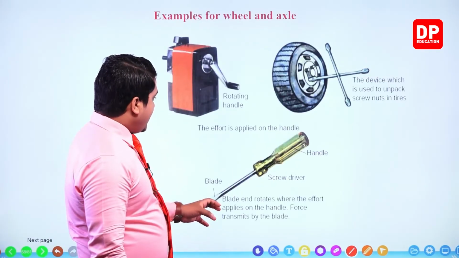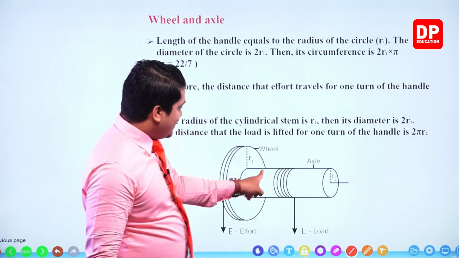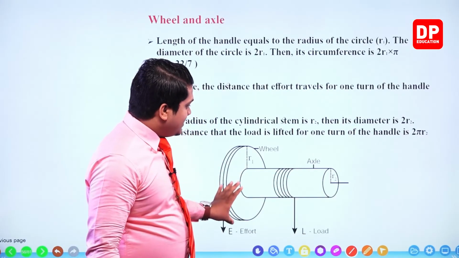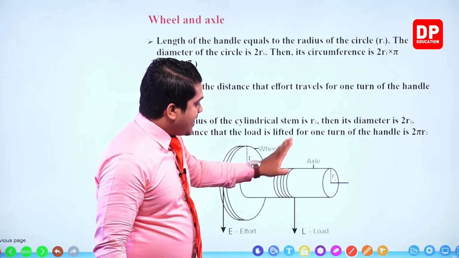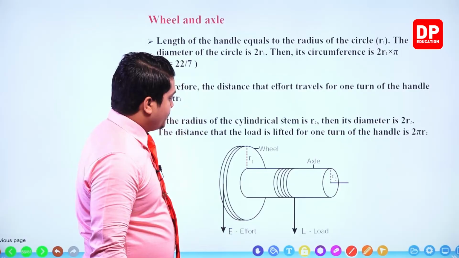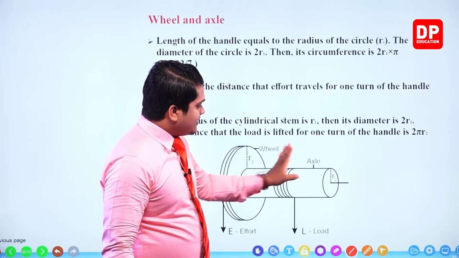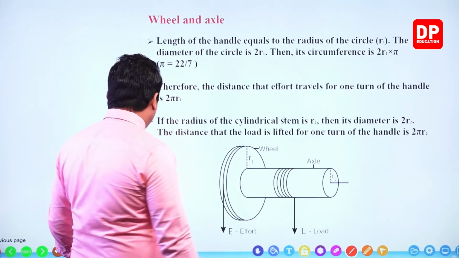Then this is the axle, and the radius of the axle is R2. Radius of the wheel is R1. Radius of the axle is R2.